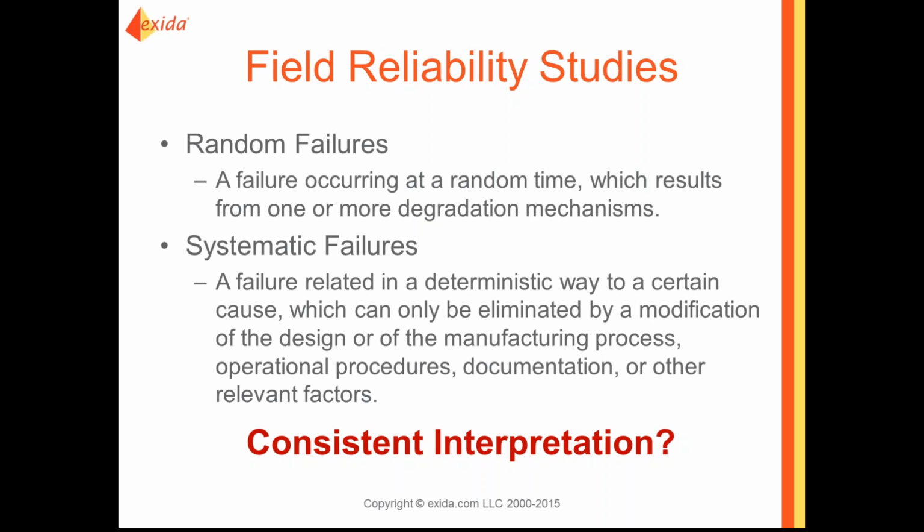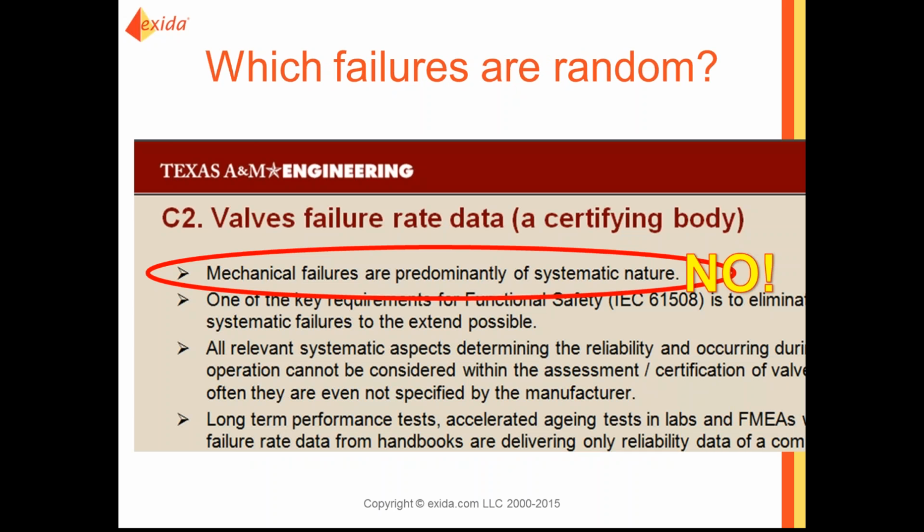So systematic failures are going to be in the entire population, and random, as it says, will be randomly occurring. But how people categorize failures can be quite different. Here's a slide from a presentation where one certifying body was saying that all mechanical failures are predominantly systematic in nature. And that's just not accurate.